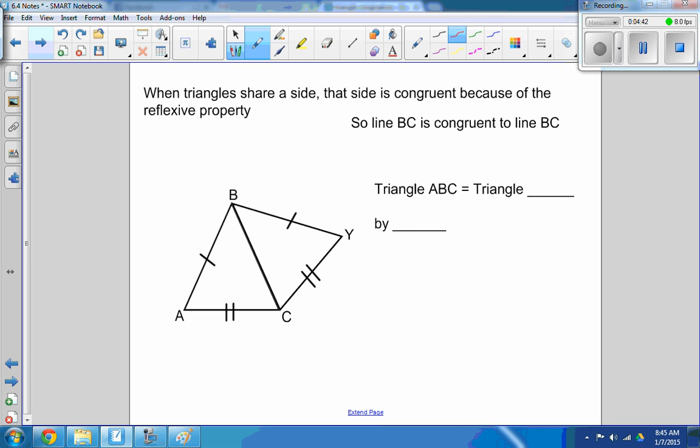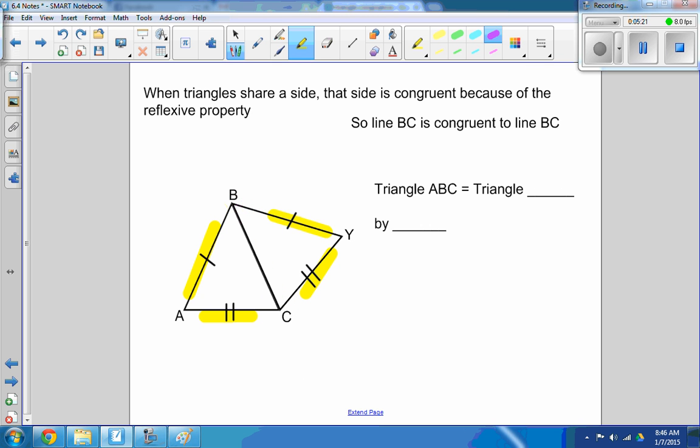Now let's look at some more complicated scenarios here. So we have 2 triangles. We've got a triangle here and a triangle here. But it appears I don't have enough information. I've got two sides that are congruent. But we know BC is congruent because whenever two triangles share the same side, they both are sharing BC, and BC is congruent to itself.